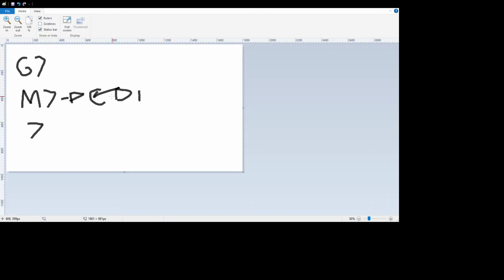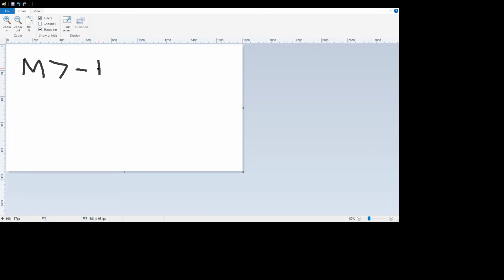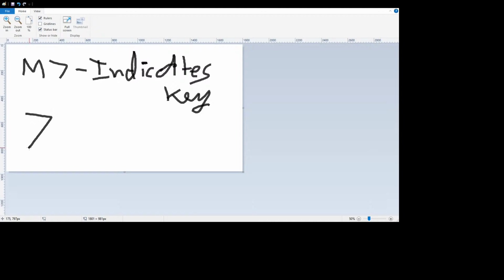Oh, sorry. So major 7 indicates the key, because it's within the scale. And then the 7th, how should I say this?